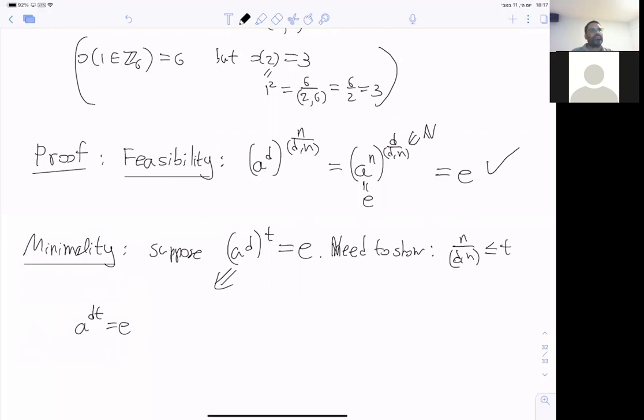But the order of a is n, so n should divide dt.